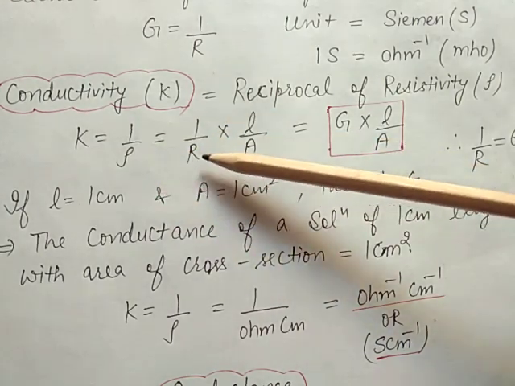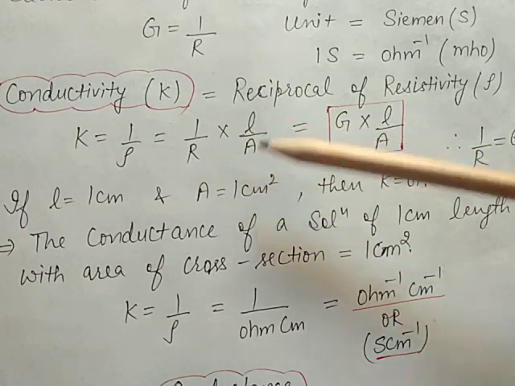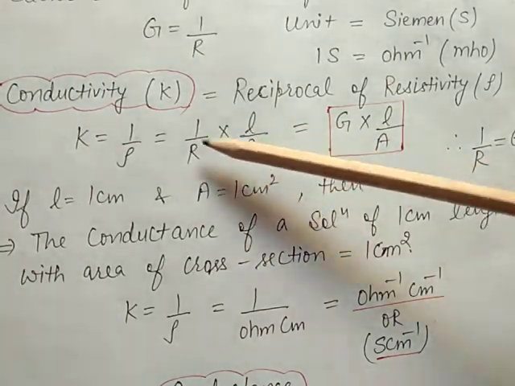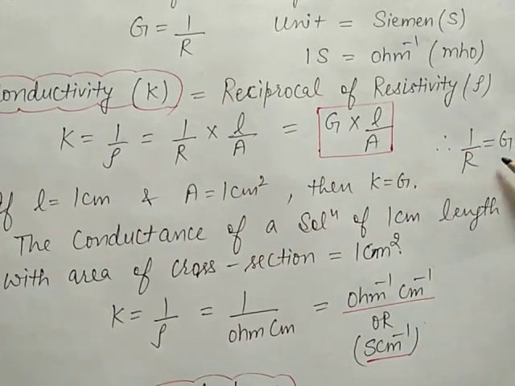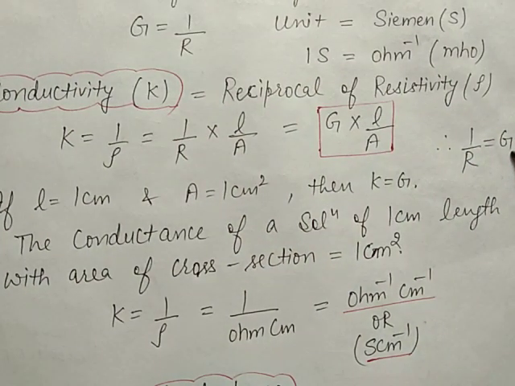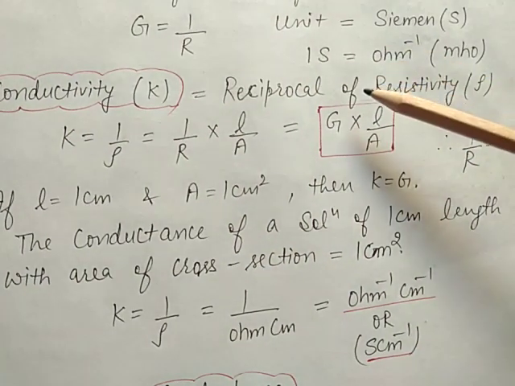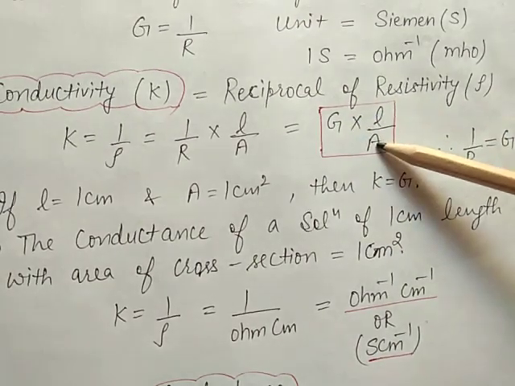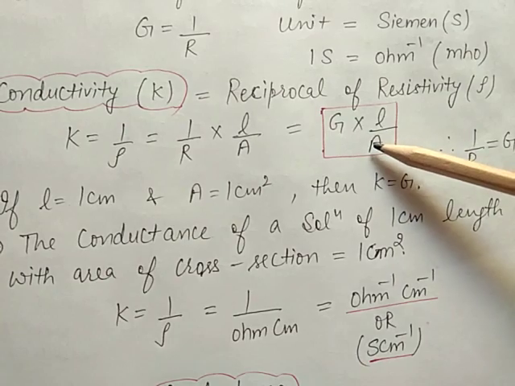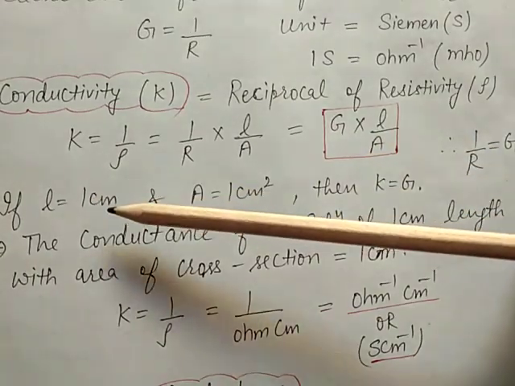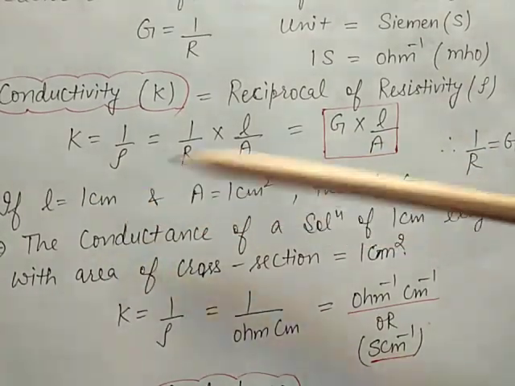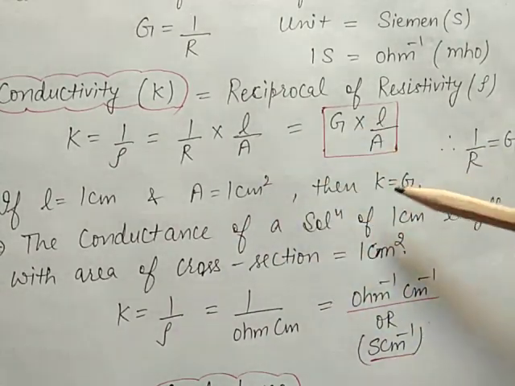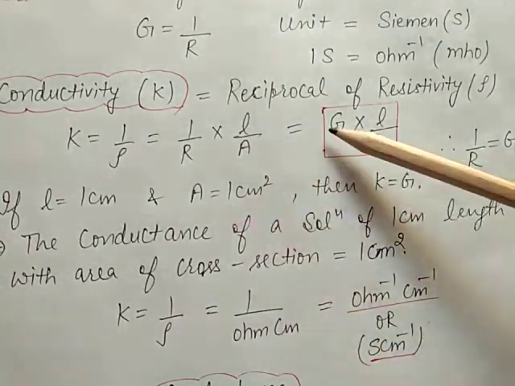Rho is equal to R into L by A. It means 1 by R into L by A. 1 by R is equal to G, meaning conductance. So K is equal to G into L by A. This is the formula. If length is equal to 1 centimeter and A is equal to 1 centimeter square, then K is equal to G.